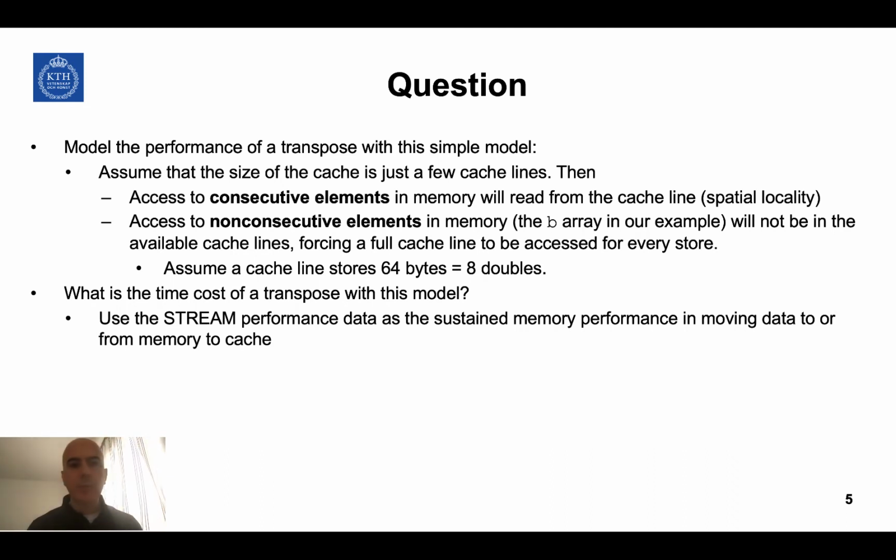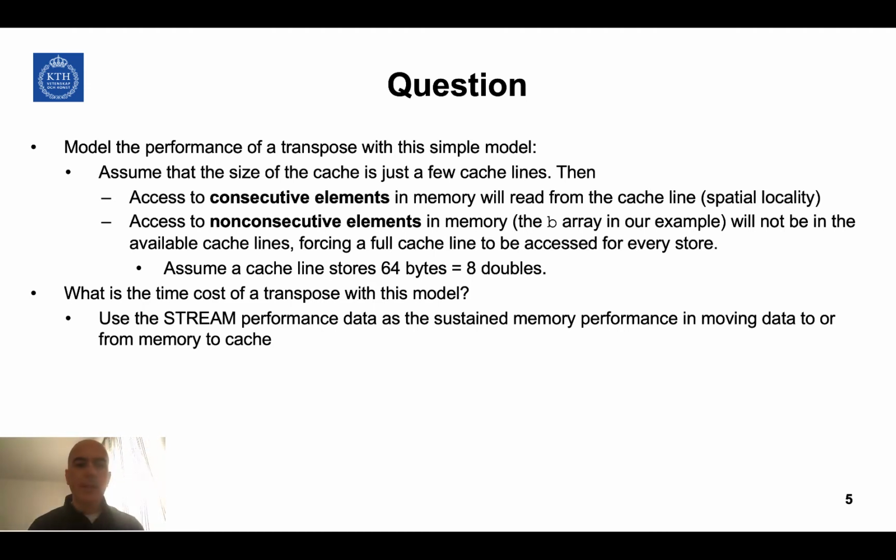Then we assume that access to consecutive elements in memory will read from the cache line. That is what we call spatial locality. Also, we assume that access to non-consecutive elements in memory, the B matrix in our example, will not be in the available cache lines, forcing a full cache line to be accessed for every store. We also assume that the cache line stores 64 bytes, which is basically 8 doubles.